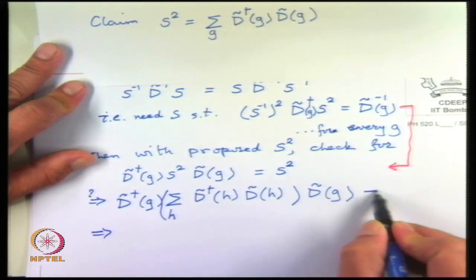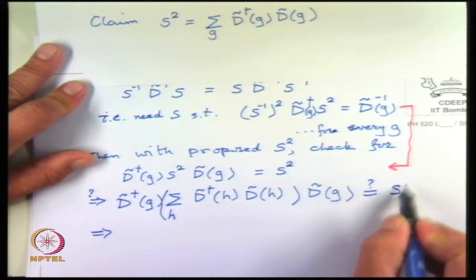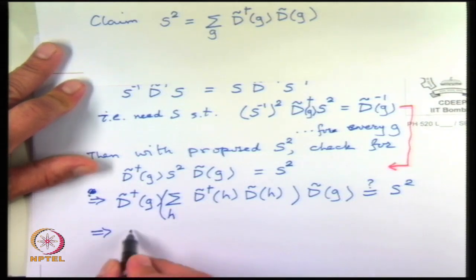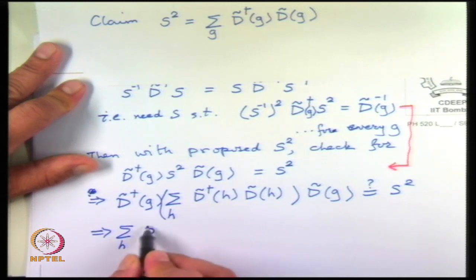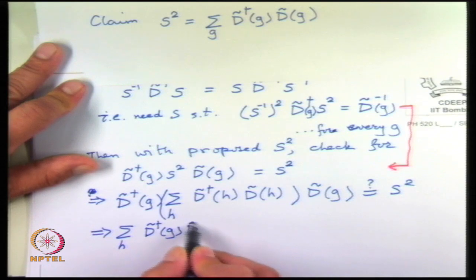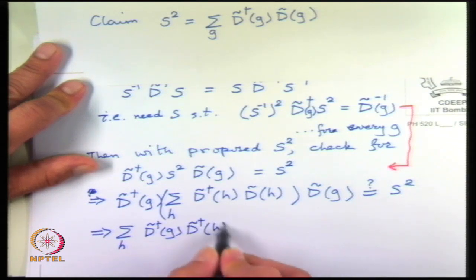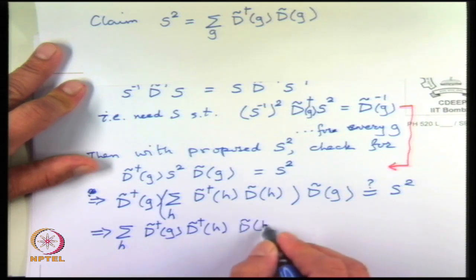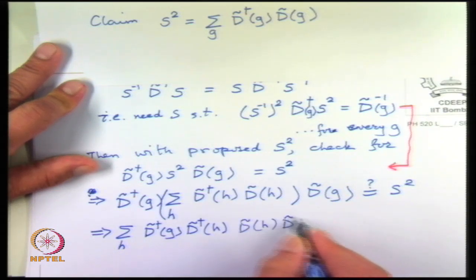So this is the question, is it equal to S squared? And then once we take it inside, it becomes summation over H, then we have D tilde dagger G into D tilde dagger H and D tilde H D tilde G.